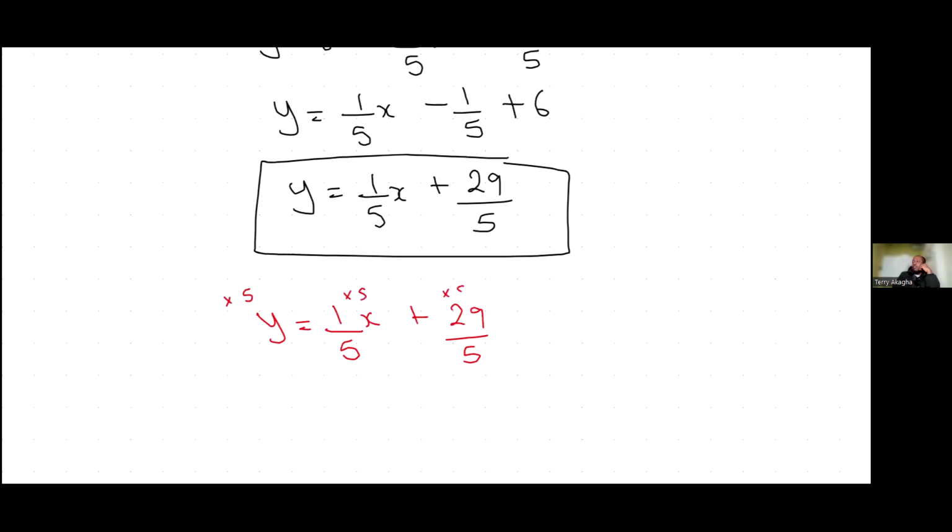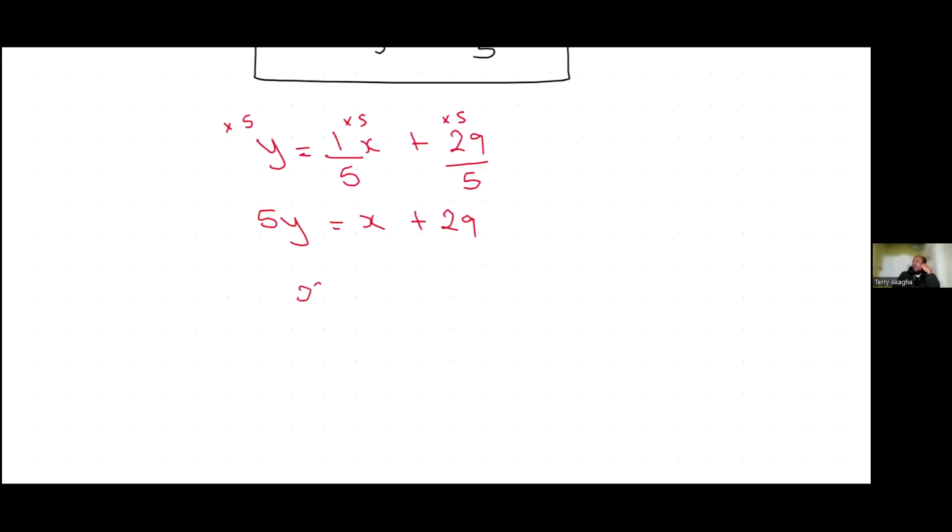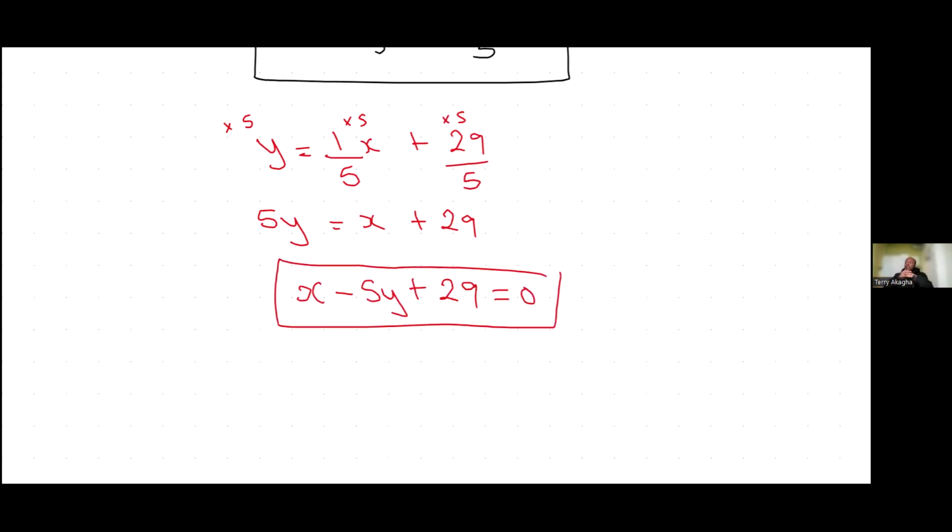It's going to give me 5y is equal to x plus 29. I take y to the other side. So that's going to give me x minus 5y plus 29 is equal to 0. So sometimes you could be asked to leave it in standard form, but it's exactly the same thing. All right, that is that for how to solve this question.